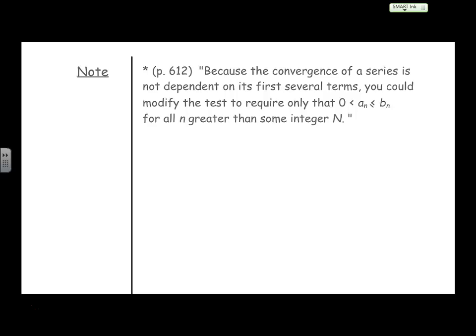Technically, the convergence of a series is not dependent on the first several terms. This is what allowed us to split up the integral test. Which means, for the direct comparison as well, we can modify the test to require only that a sub n is less than or equal to b sub n for all terms past a certain point.